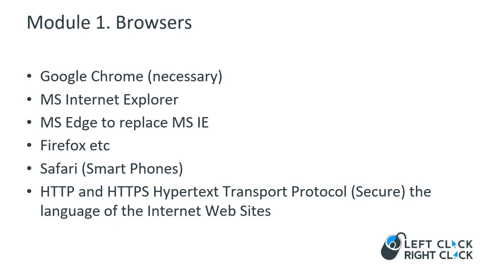And if you look on the address bar at the top of your browser, then you may see HTTP and Google Chrome will report that as being not secure, or you may see HTTPS, which means that it is secure. And what makes it secure? Well, it means that the people running the website have applied what are called certificates to that particular website, and these are private and public certificate pairs, which is an encryption method which makes it secure. So that's the end of module 1.